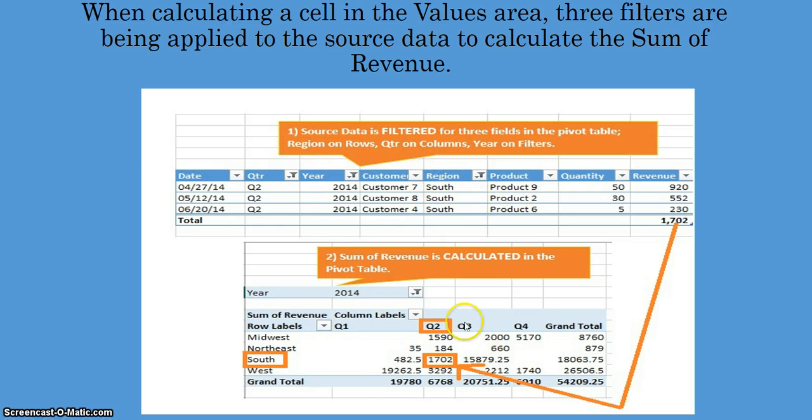So if we come back over to the pivot table, that includes not only just the year 2014, but all the quarters, you could see that the individual values, in this case, we look at the Q2 column, we look at the South region over here, and the sum of the revenue for Q2 year 2014 for the South region will equal 1702, and it matches that up with the source table when we filter that out.